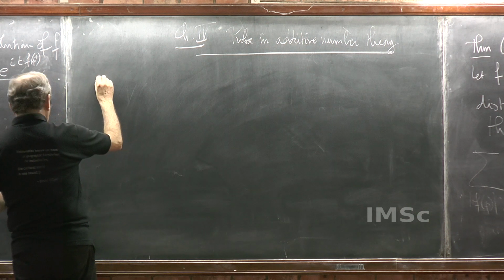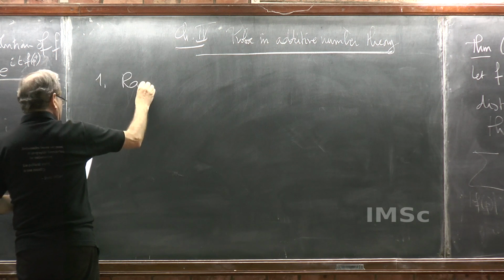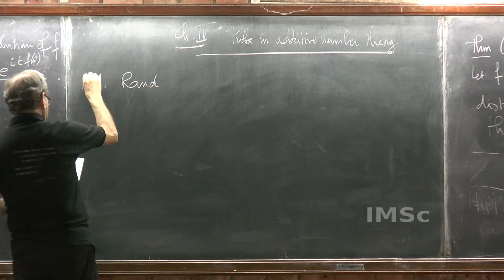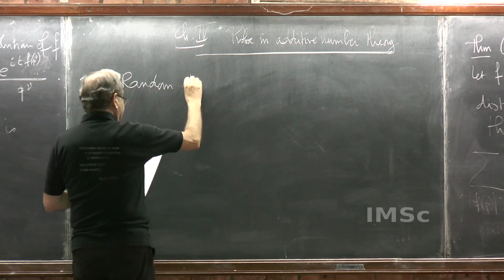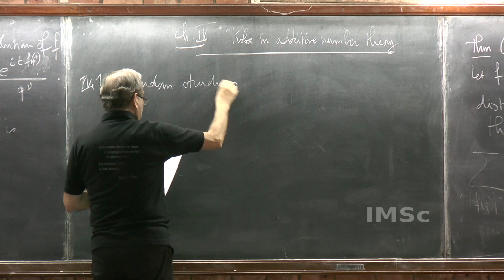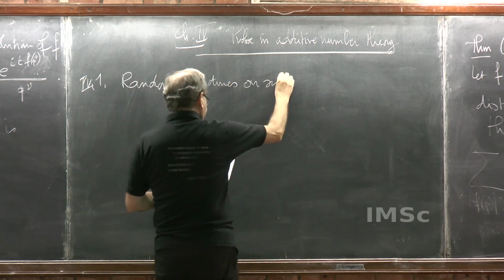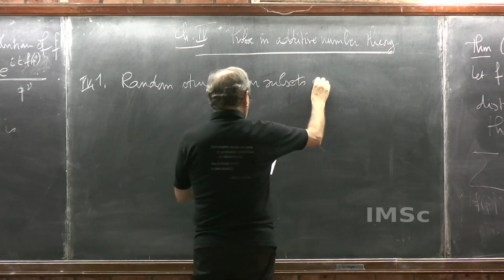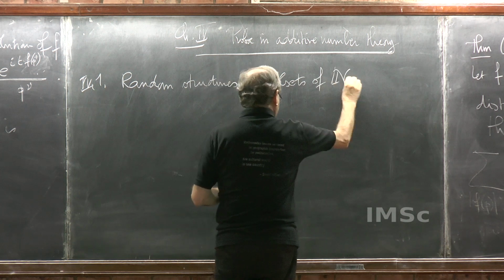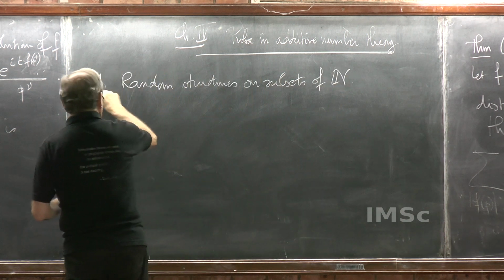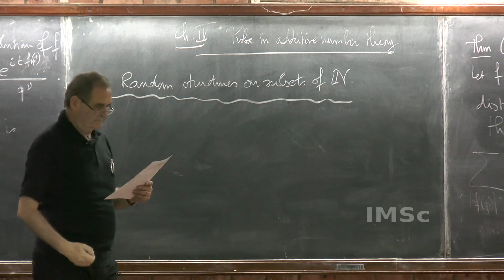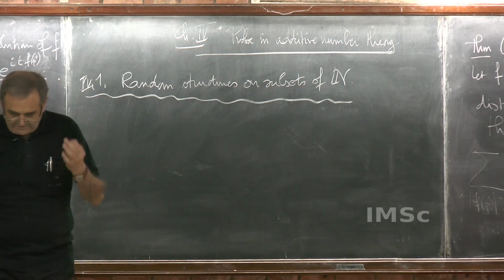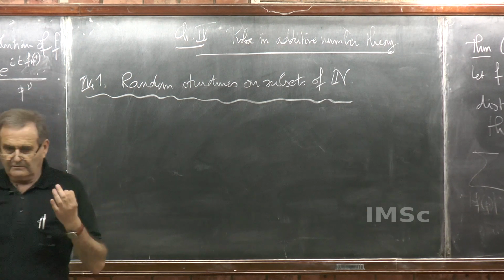So maybe I should start with the random structure for one, if you wish, or something like that. I don't know. Random structures on subsets of N. Okay, so what we want to do now is the following.